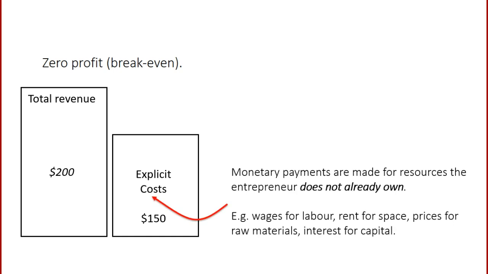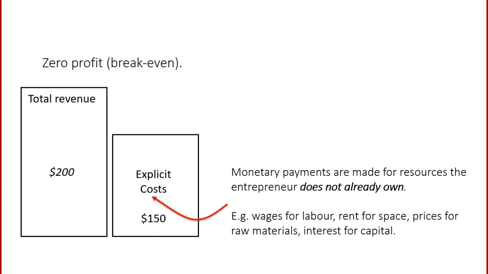The explicit costs are the monetary payments made for resources that the entrepreneur doesn't already own. So they'll have to hire labour, they'll have to pay wages for that, they might have to hire space, they'll pay rent for that, they might have to pay for raw materials which they don't have, they might have to borrow money from the bank in order to buy machinery and tools, capital. So they pay interest on that. These are explicit monetary payments that are made.